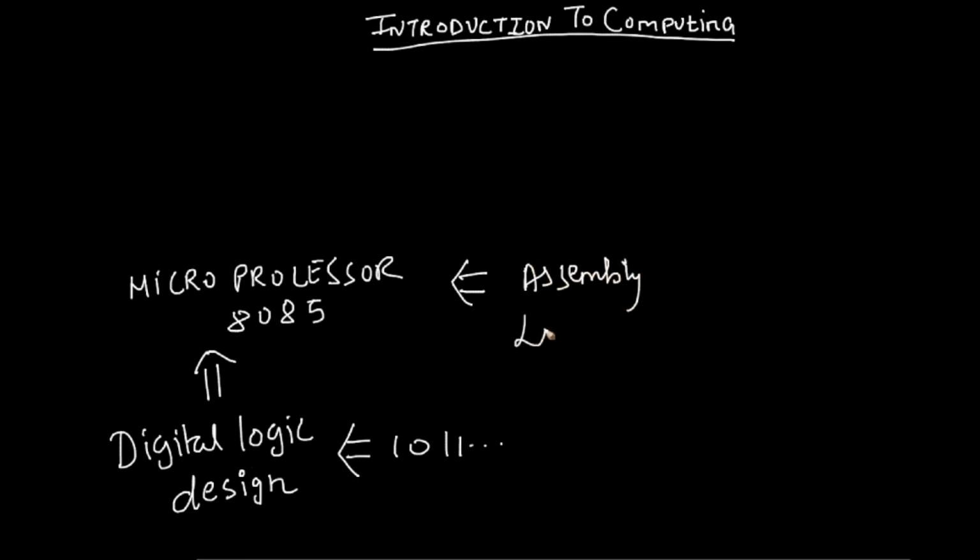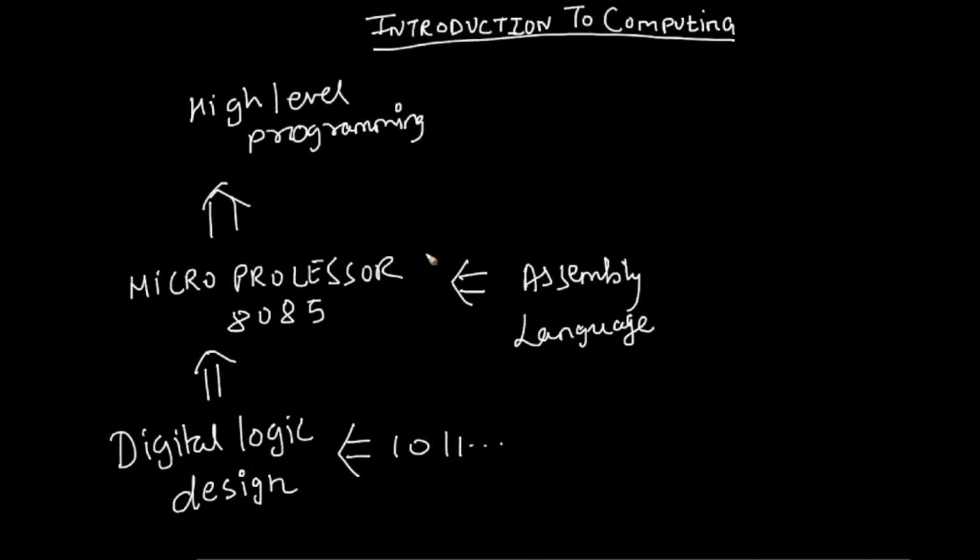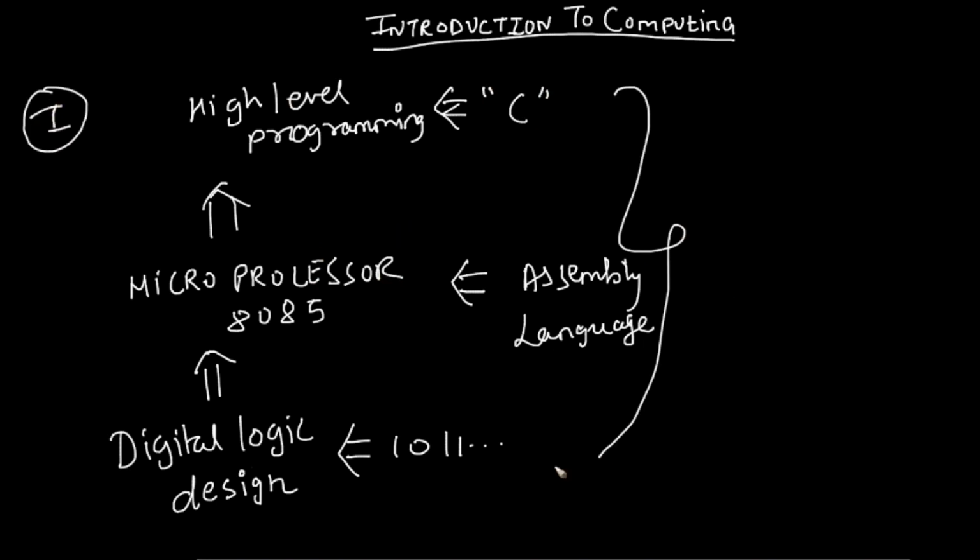Here we will also study the functional units that make up a computer, such as ALU, memory, IO, etc. And once you have this microprocessor, we could write more complex programs in a higher level programming language, and in our case, we'll be using C for that. So this will make up the first module of the course.